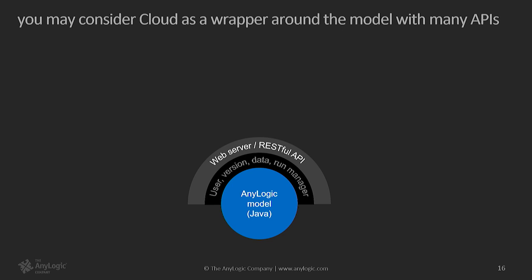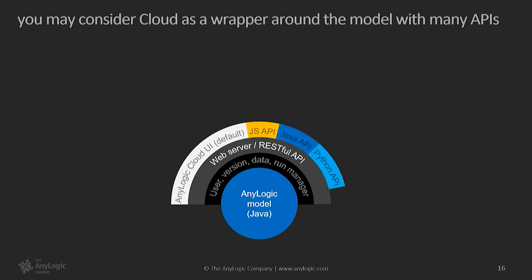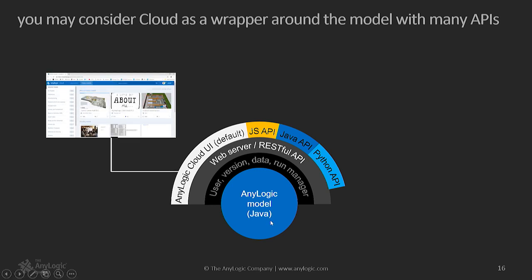And on top of that, we have a web server, which provides the RESTful API. There was a question, I think this morning about the RESTful API. Of course, the web server of the AnyLogic Cloud does support this RESTful API. Then, on top of that, we have these things. We have the default UI, YouTube-like UI. We have JavaScript API, and this morning during the workshop we showed you how it can be used to develop really customized and branded UIs.